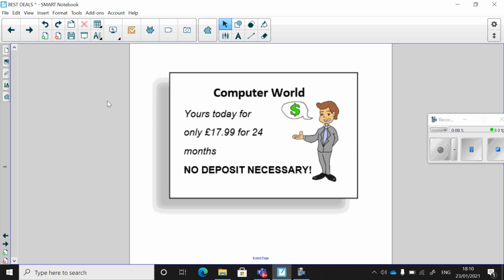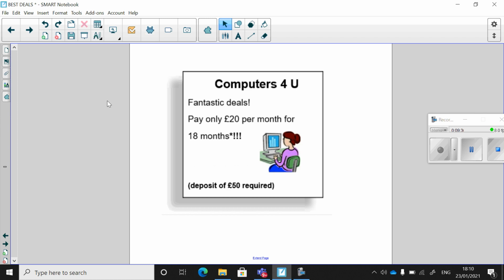Forget about that person with the dollars coming out of his mouth, we're talking in pounds. Spoke about it earlier, but it's 24 months, so 24 payments, £17.99. No deposit, that's important. Last one, £20 per month, 18 months. Okay, we've got a different time period, but there's a deposit of £50 at the end here.